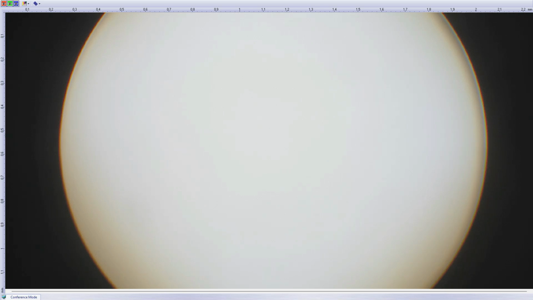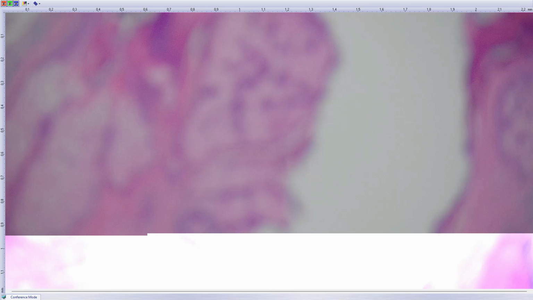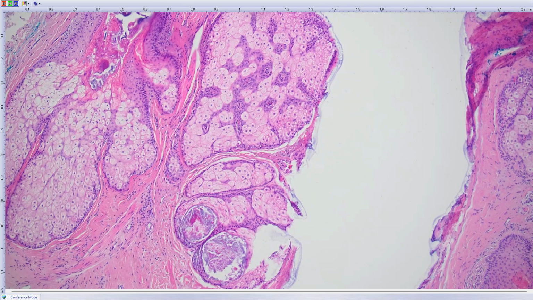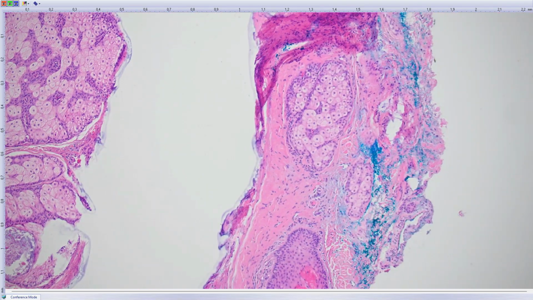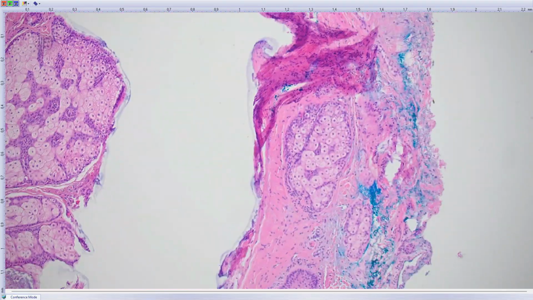Yeah, my first case, the old one. The first case is a skin lesion. And at the first slide, what you see is great proliferation of sebaceous glands.